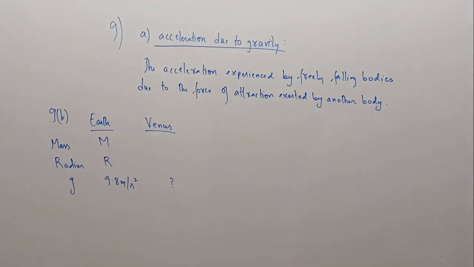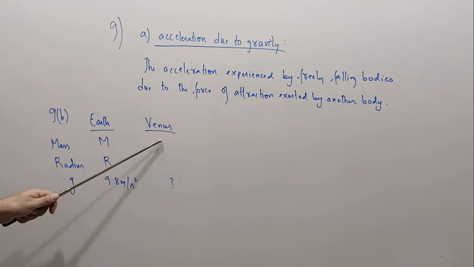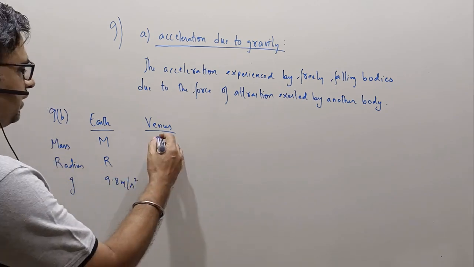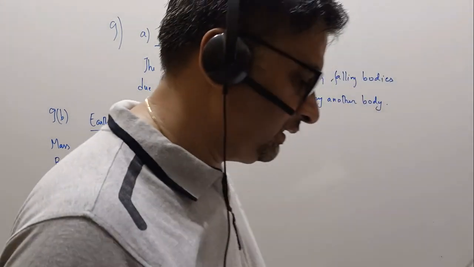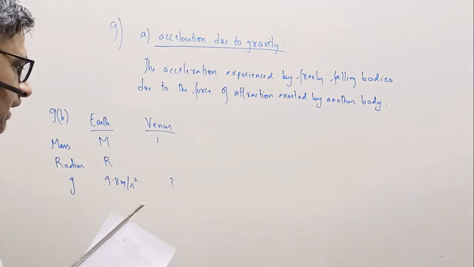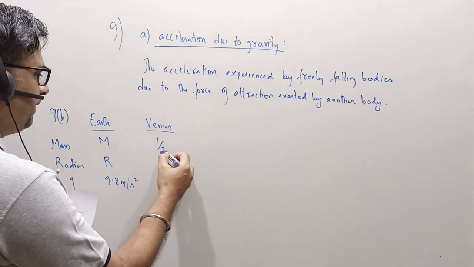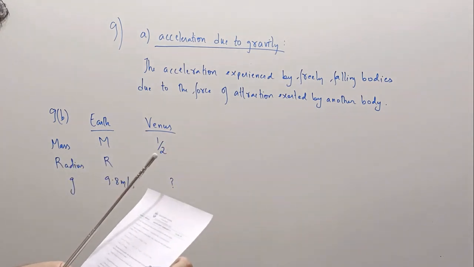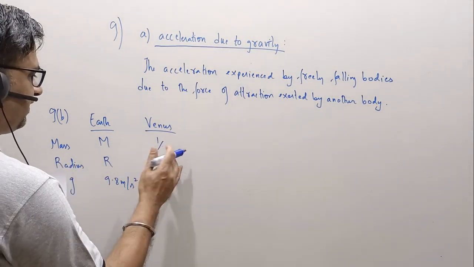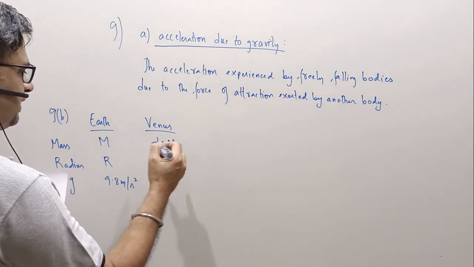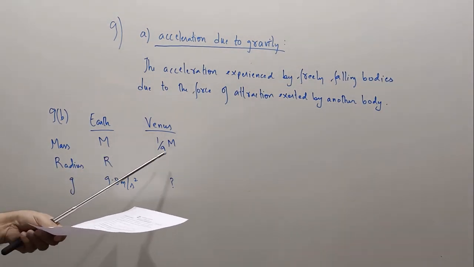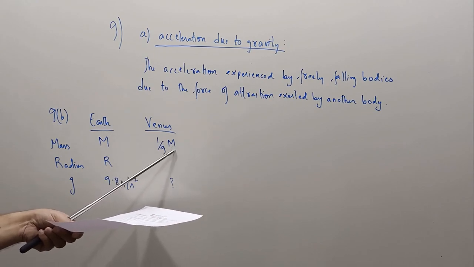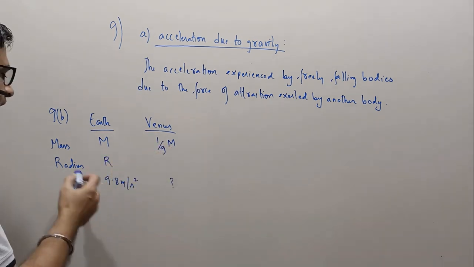So in this case, the question says that the mass of Venus is 1/9 times that of M. Let's not introduce any variable unnecessarily. We already have M as the mass of Earth, and it's given that the mass of Venus is 1/9 times that of the Earth. So it clearly becomes 1/9 M. Good, we are good with this.